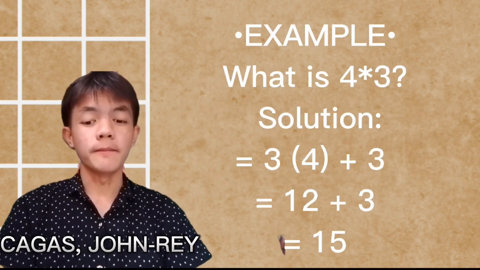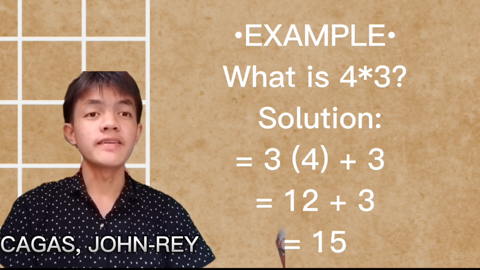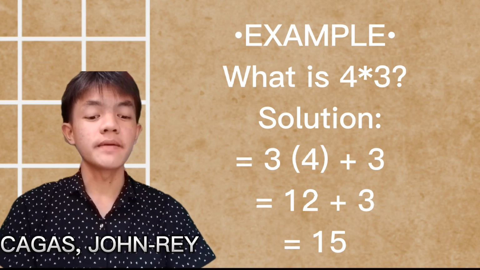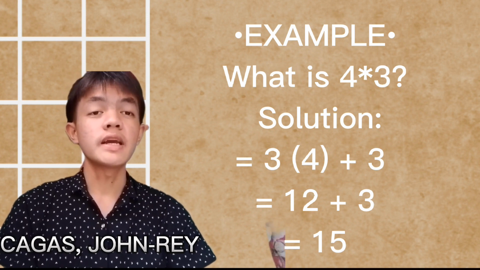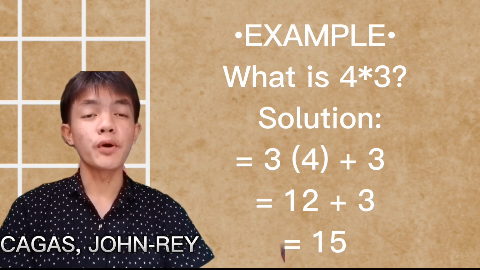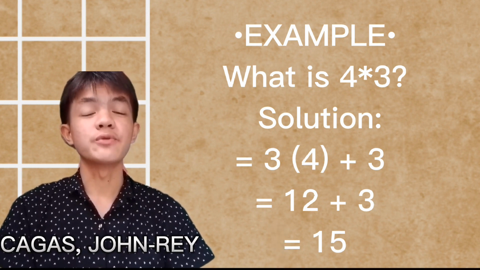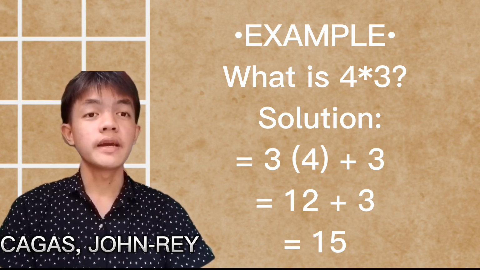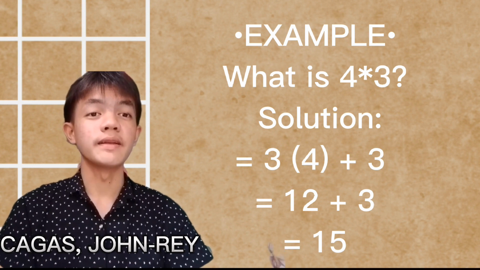Let's say, for example, what is 4 star 3? The solution: 4 star 3 equals 3 times 4 plus 3. When you multiply 3 and 4, the answer is 12. And when you add 12 and 3, the answer is 15.